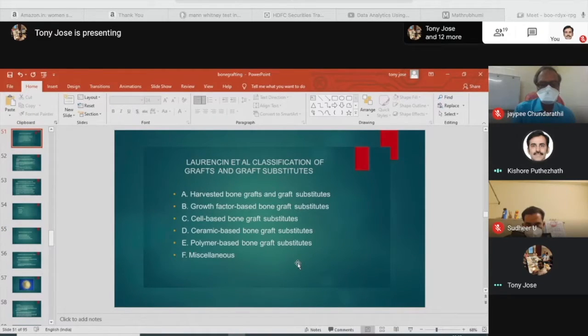What are the components of extracellular matrix of a normal bone? Sir, peptidoglycan, water. That can be divided into organic and inorganic components. So organic components include type 1 collagen. What comes under the non-organic component of extracellular matrix?